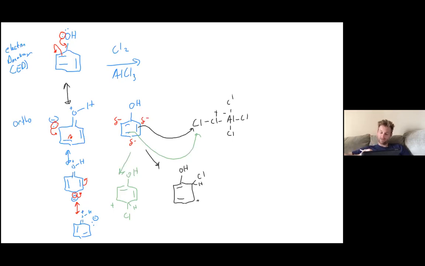From here again, we'll have our AlCl4 pull off a proton and re-aromatize. And this reaction will give us two products.